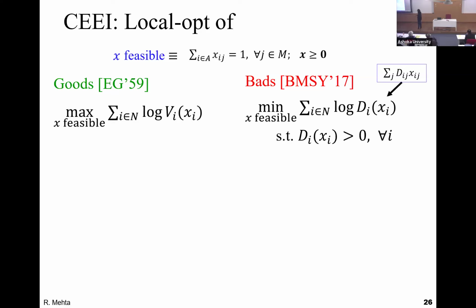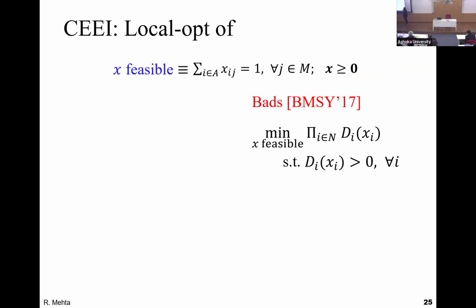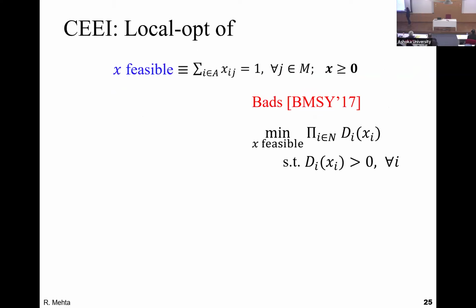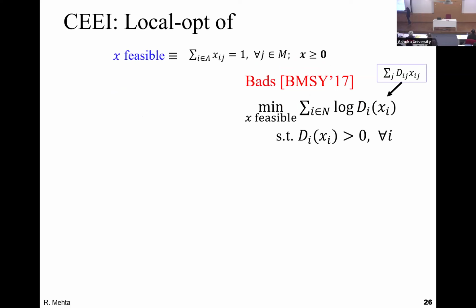This exactly reflects the classical Eisenberg-Gale convex program that we saw for goods, where you were on exactly the same feasibility set, and you were maximizing. First of all, product is a difficult objective, so I jumped a bunch of steps. Minimizing or maximizing the product is the same as applying a log to this term, which becomes a sum of logs.